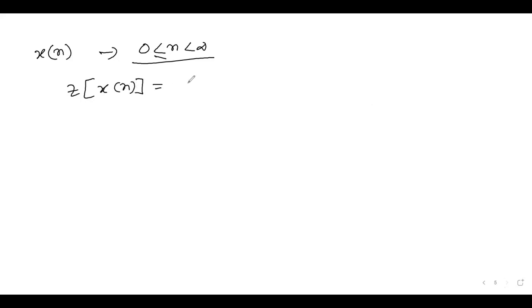That means if x(n) is a one-sided signal, it exists only when n lies between 0 to infinity. All right. That means the z transform of x(n) for that type of signal is basically the sum from n equal to 0 to infinity of x(n) z to the power minus n.